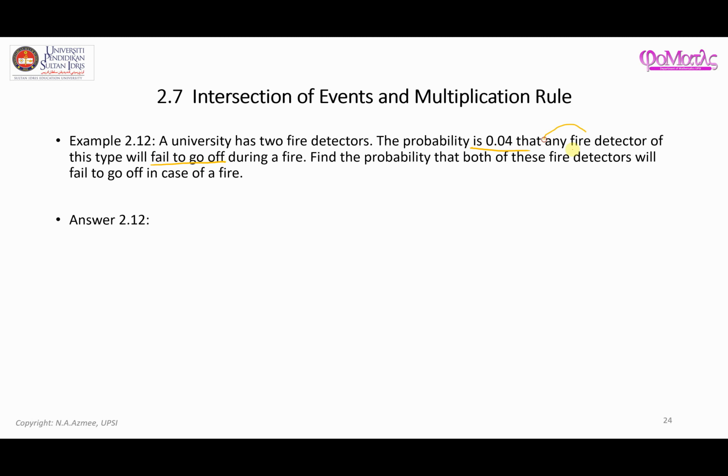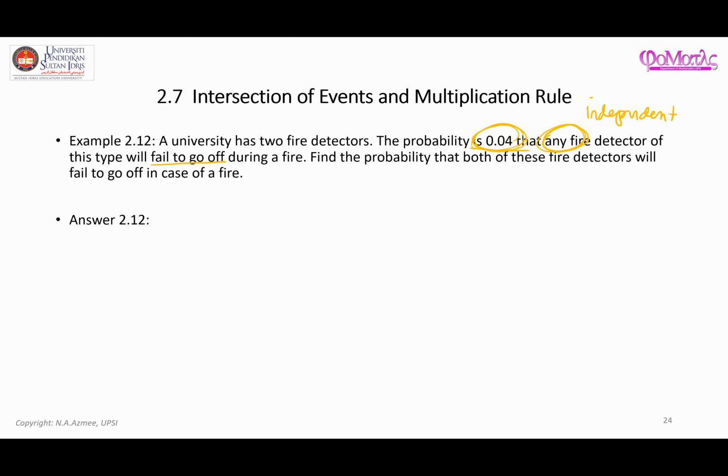This is the keyword that tells you the events are independent, because the fact that one fire detector failed to go off doesn't influence another fire detector failing to go off. So it's saying that the probability is the same for all fire detectors.